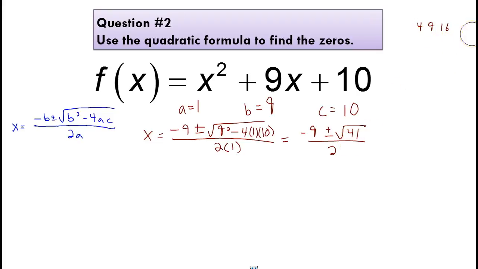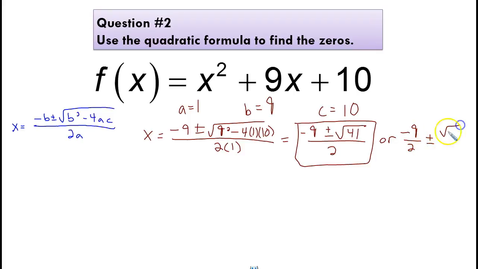So since no perfect squares divide into it, we can stop here. 9 and 2 don't reduce. Some students will circle this, and it is an acceptable answer. So I'm going to go ahead and circle it here. Or you will often see it broken up into 2 fractions as negative 9 over 2 plus or minus root 41 over 2.